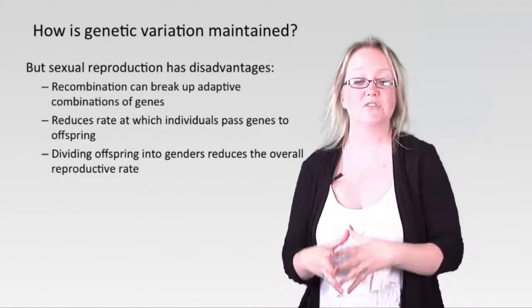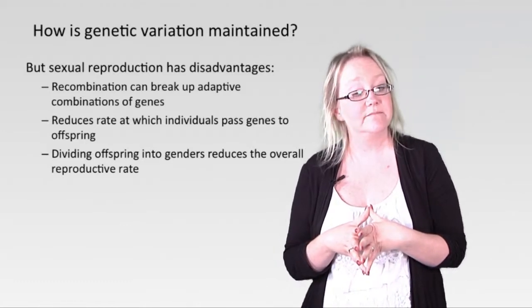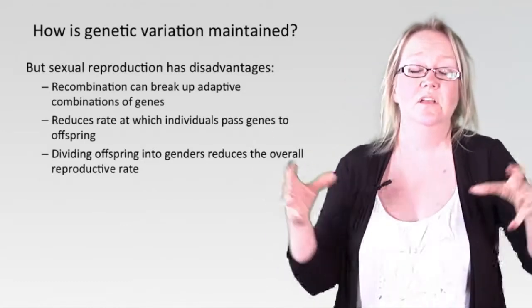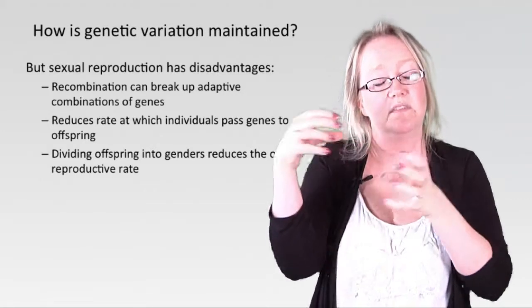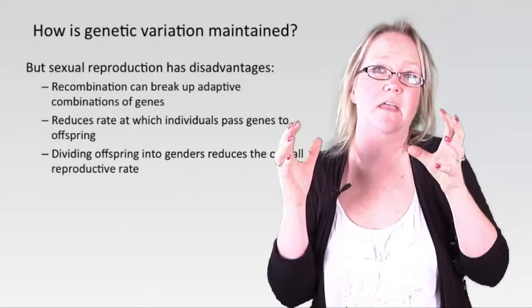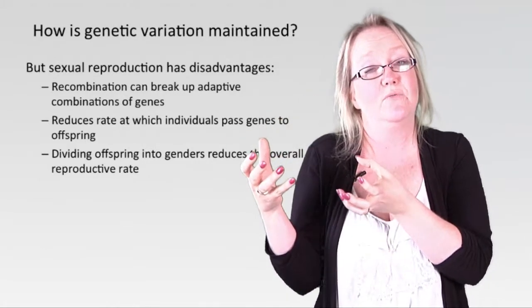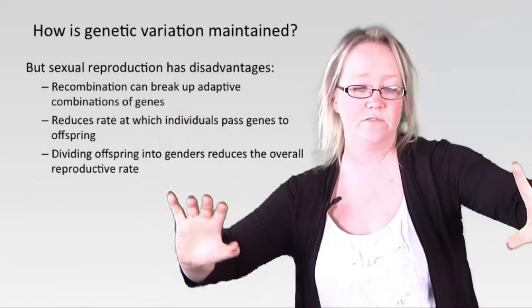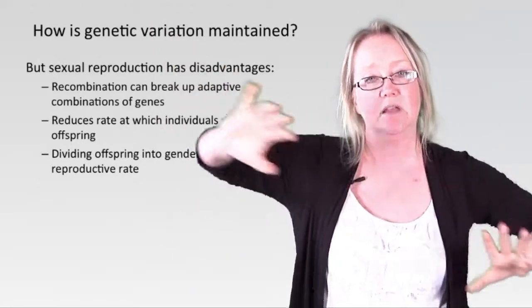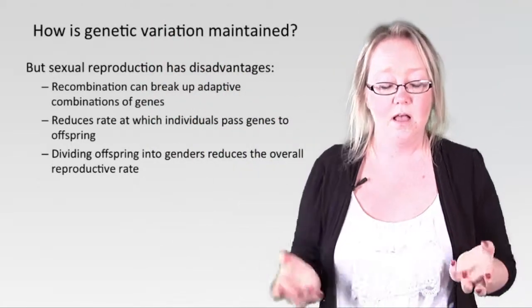Second, sexual reproduction also has disadvantages, okay? Sometimes when you have genes that are close together, or on the same chromosome, and they're beneficial to each other when they're on the same chromosome, and suddenly they cross over and now one's over here and one's over here on different chromosomes, and they may end up being entirely separated.